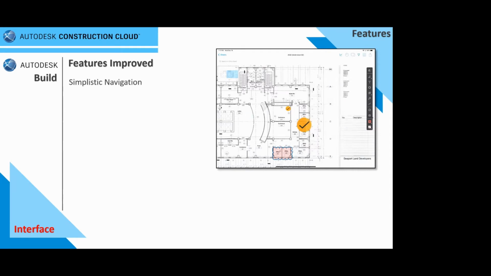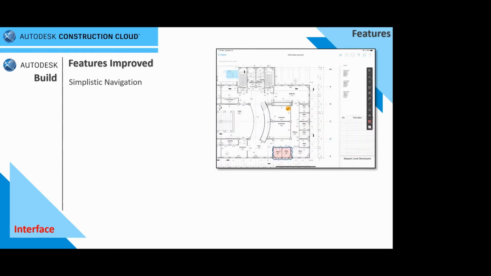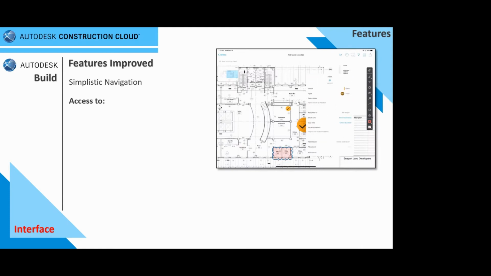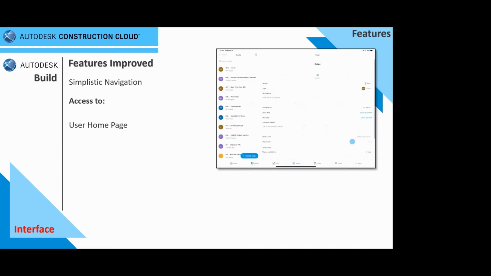If you're watching the video on the right-hand side, you can see at what ease it is just to click, go, select, drop issues, markup, and connect with other users. However, with that being said, you still have access to many other features within your interface navigation tool, such as your user homepage. This is an overview of what is going on in your project.